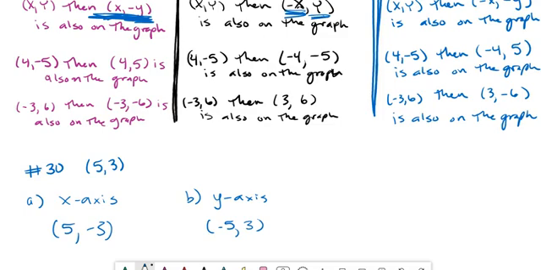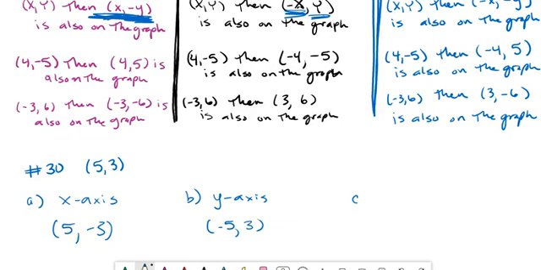So one more time, if a graph has symmetry with respect to the y-axis, we learned in the notes we just wrote down that given a point x, y, then we also know that negative x, or opposite of x, y, is also going to be on the graph. So if we have the point 5, 3, and this graph has symmetry with respect to the y-axis, then the point negative 5, 3 has to be on the graph.